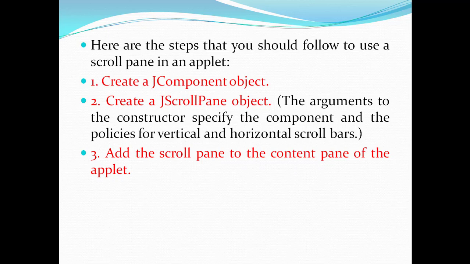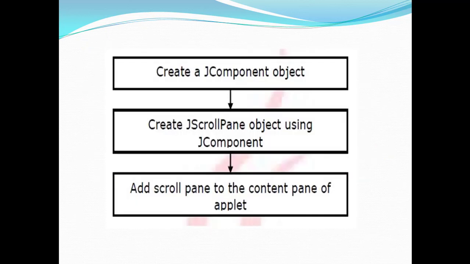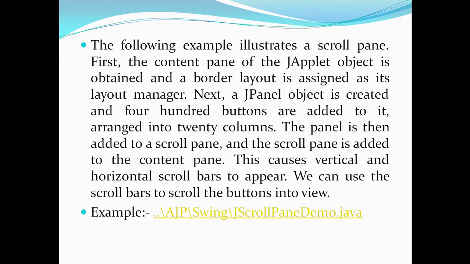Like these three steps we need to follow. Diagrammatically: first, create a JComponent object. Second, create a JScrollPane object using the JComponent. Third, add the scroll pane to the content pane of the applet. Like this you can use the scroll pane.